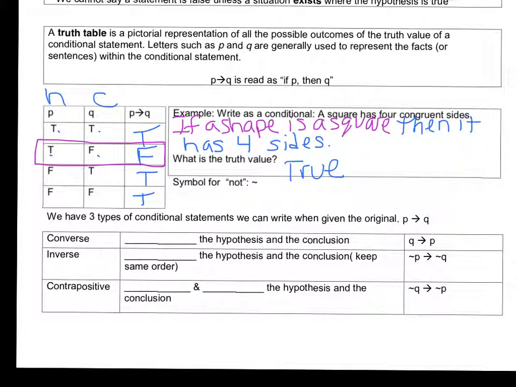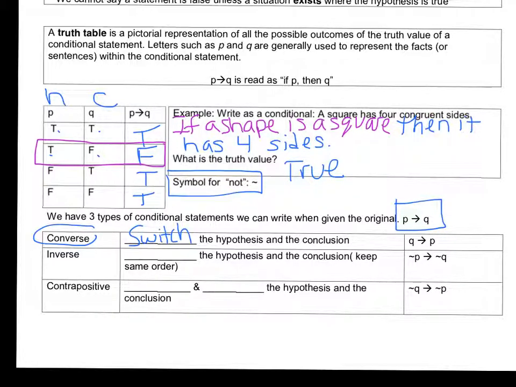All right, sometimes though, you'll see this symbol here, and that's the symbol for not. And we have 3 types of conditional statements we can write based on the original. So let's say our original here is if P then Q. Our converse statement, these are 3 that you're going to have to memorize. You're just going to switch your hypothesis and the conclusion. So it's if Q, then P. So you'll just switch whatever wording is there.